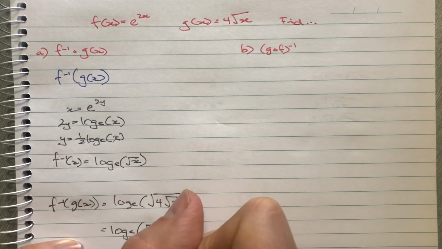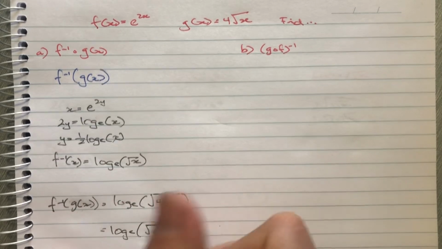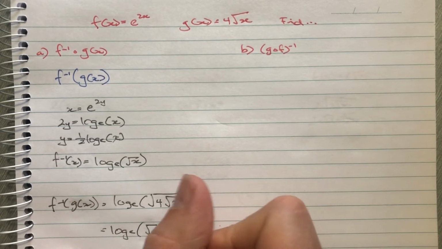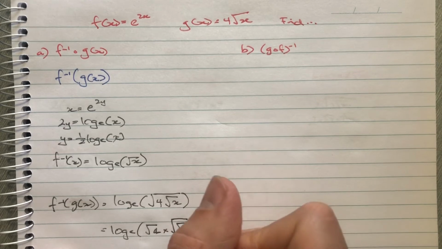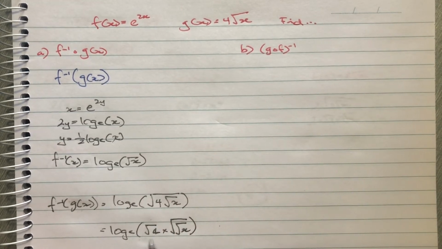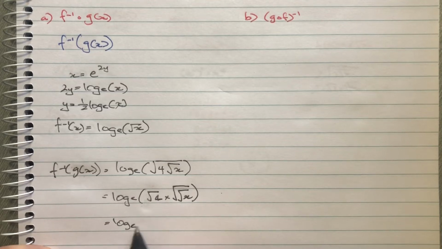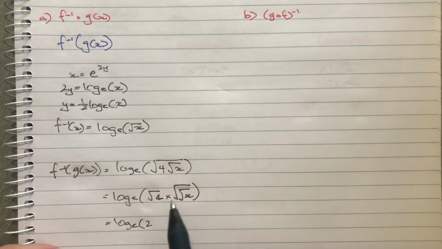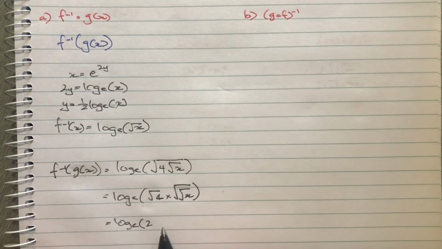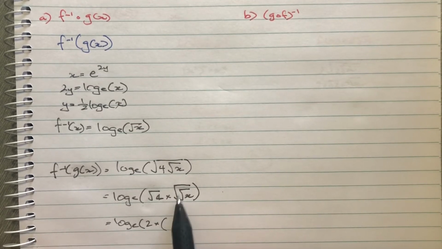You've got the square root of 4 times the square root of the square root of x. Now we know that the square root of 4 is 2. So we can put our 2 there. This looks a bit more complicated. So we have times, and then square root means to the power of 1/2. Square root means to the power of a half there as well.